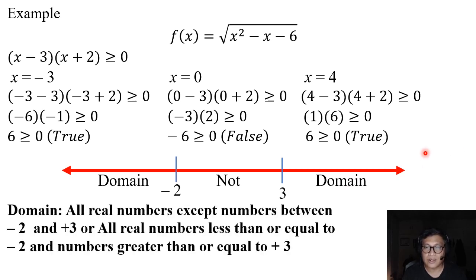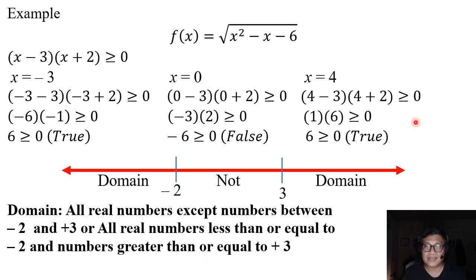So therefore, our domain will be all real numbers except numbers between -2 and +3. Or you could say that the domain is all real numbers less than or equal to -2 and numbers greater than or equal to +3.